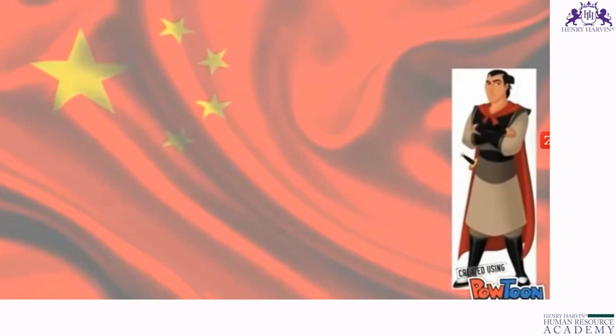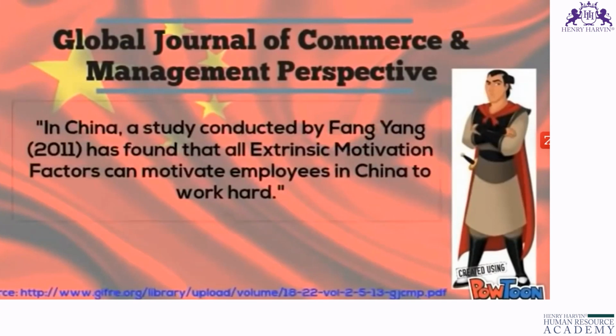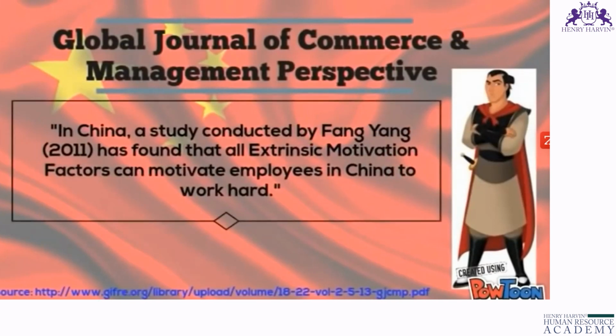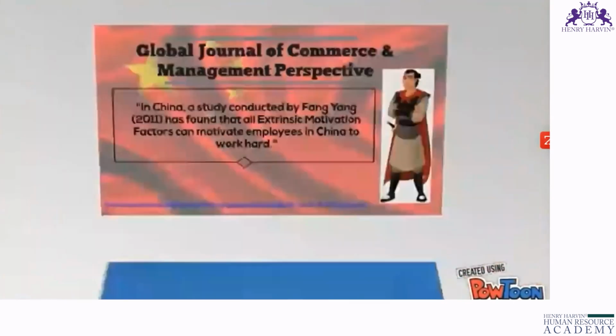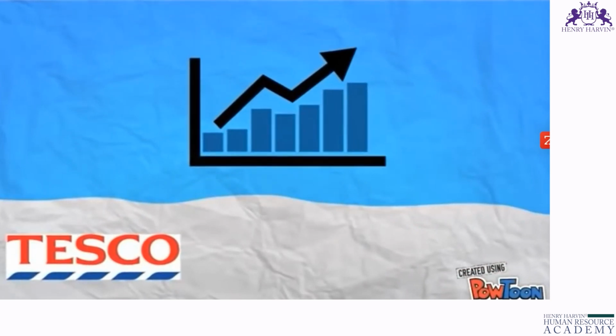Based on a study conducted by Fang Yang in 2011, it was found that in order to motivate the employees in China to become more hardworking in performing their work, the hygiene factor is implied. An example from the real world would be how Tesco applies the hygiene factor as a way to motivate their employees.